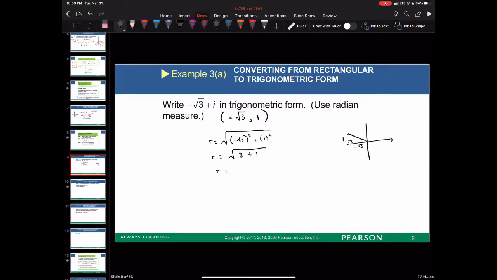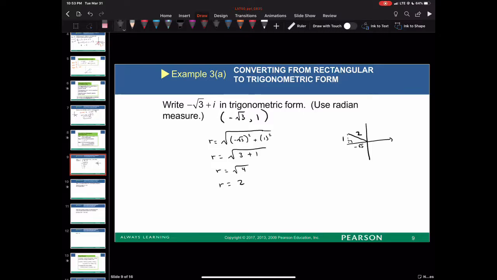So r is just equal to the square root of 4. So r is equal to 2, and you'll have 2 here. Which you probably knew from what? Your perfect triangles, the 30, 60, 90 triangles, where you have similar things.